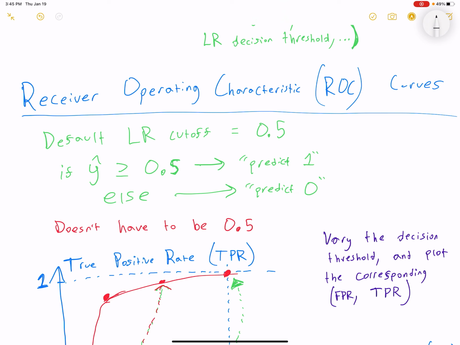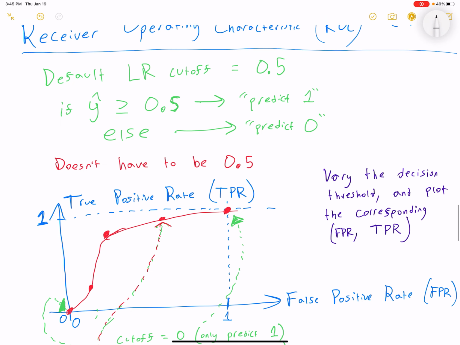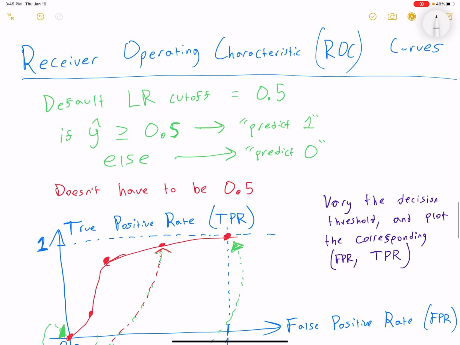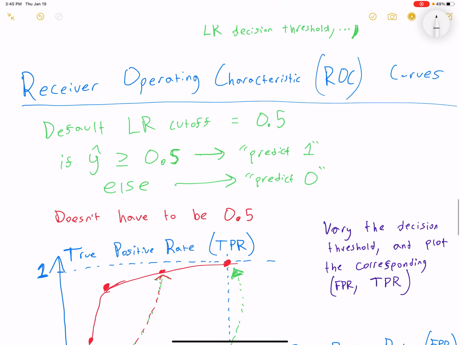You can make that threshold 0.8, and people often do change the threshold to make the model have better performance, and in that case, you only predict 1 if the model outputs a probability greater than 0.8. So in the green part, the decision threshold is 0.5. I think decision threshold and cutoff mean the same thing.